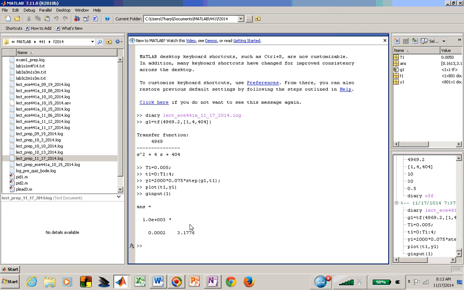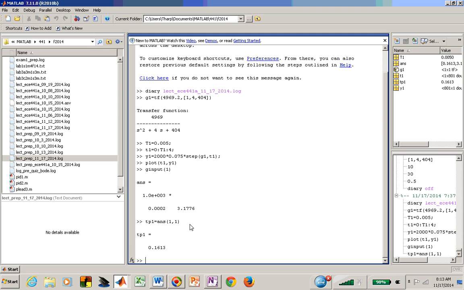Let me say that the time of peak, TP1, is actually the answer 1,1. Answer was ANS, that's the default variable, and that's where I clicked. Let's see where that was. That was at 0.1613 seconds. And the maximum value, let's say that it was P1, is now equal to answer 1, 2.